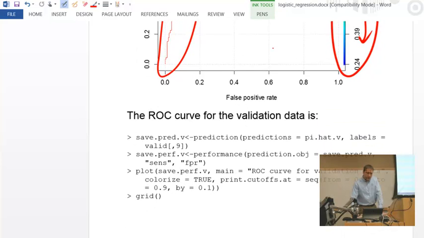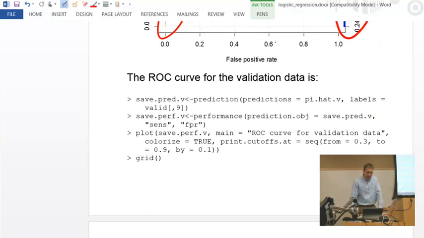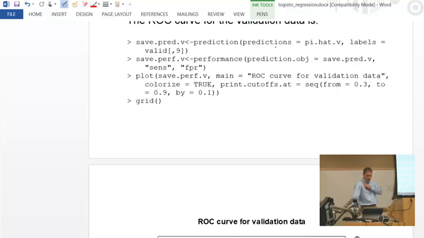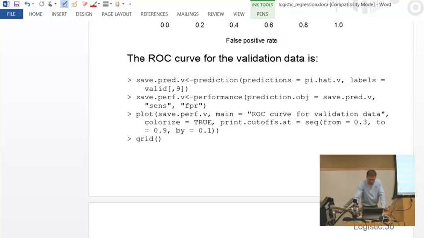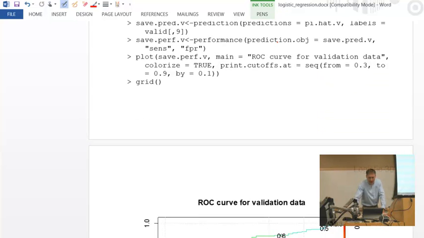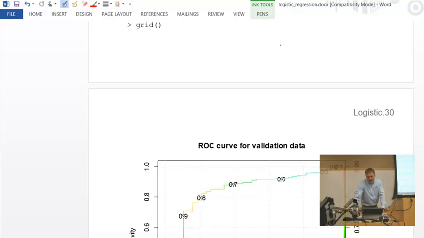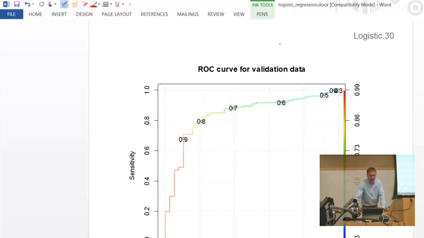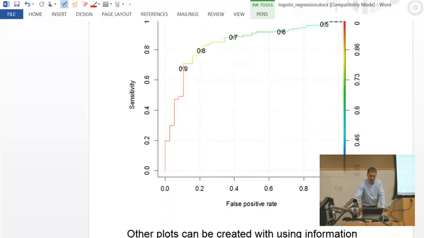Now you can also do other kinds of plots too. Let me make sure I'm not getting ahead of myself here. On page 29, top of page 30, I also do an ROC curve for the validation data. You can take a look at that code on your own.